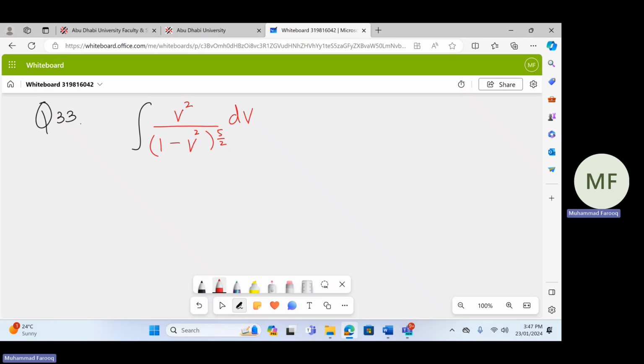As discussed, this is the sine case, so we have to do sine theta.